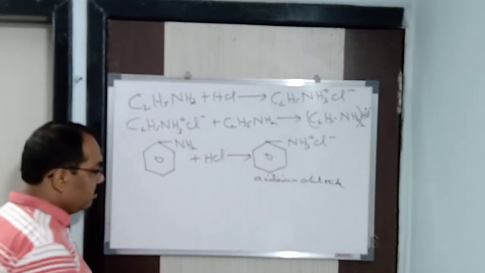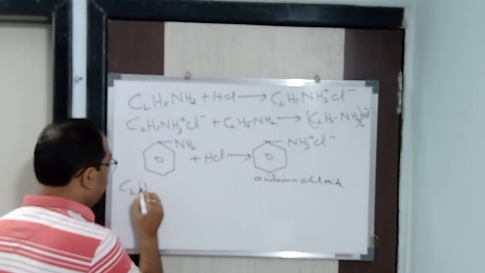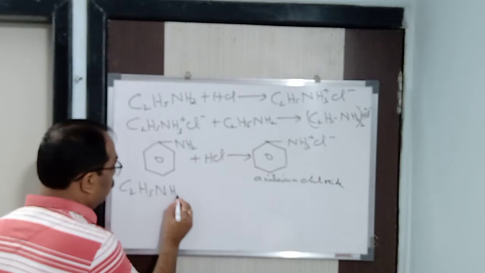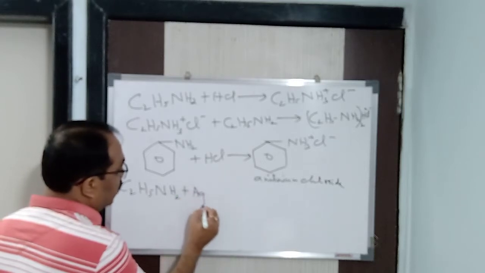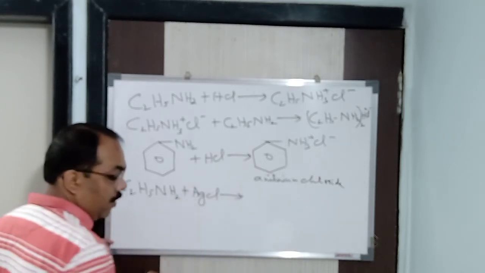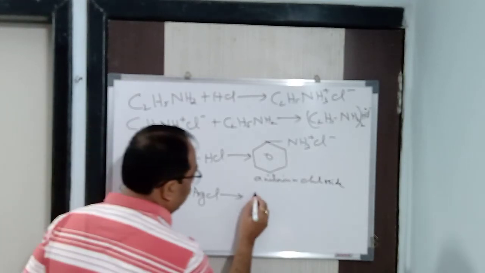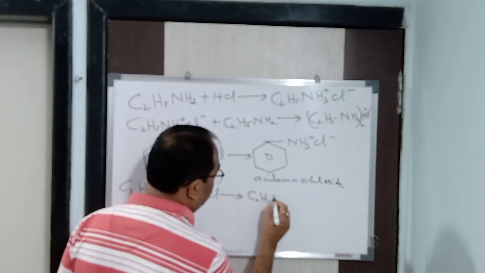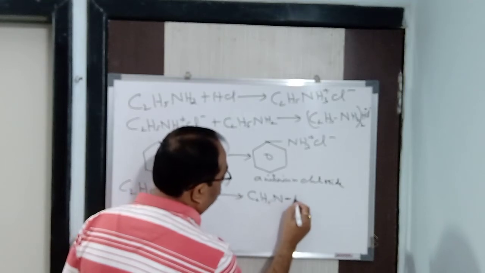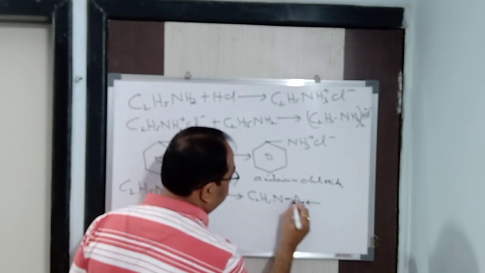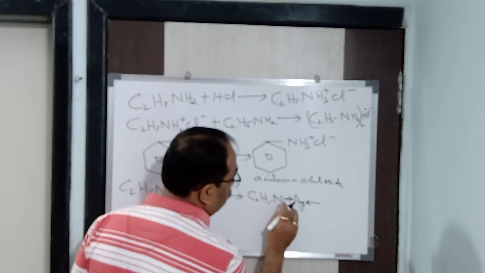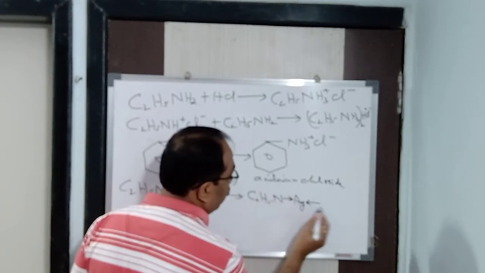Now, it also reacts with metal ions. For example, C2H5NH2 plus AgCl. A metal chloride I have taken, AgCl. So what will happen is that you will be getting C2H5N bonded to Ag, nitrogen will give a pair of electrons to Ag.